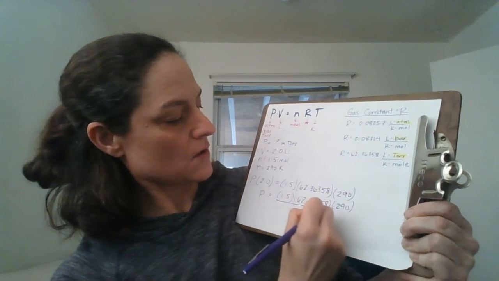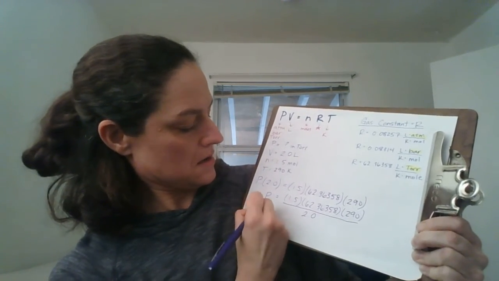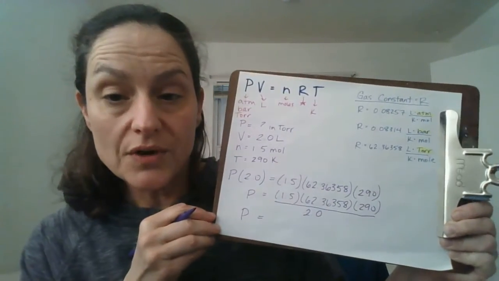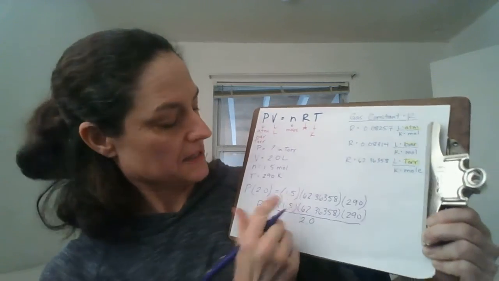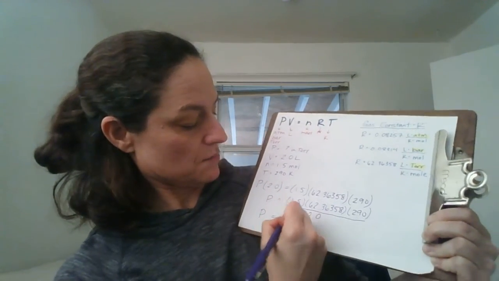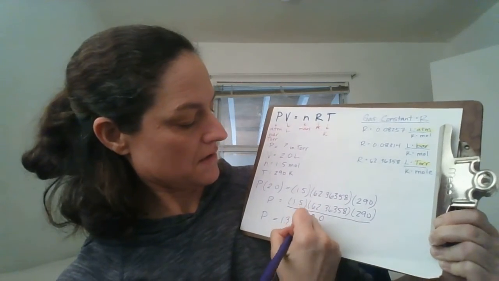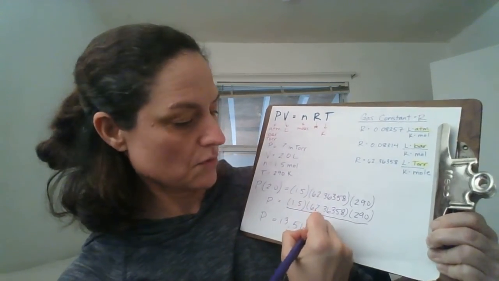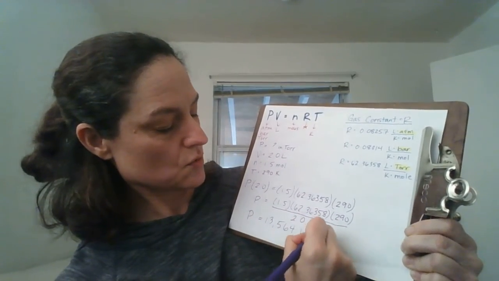Going to divide that whole thing by 2.0. And when you work that out, and I rounded to my one significant digit, your answer is big. 13,564.1 torr.